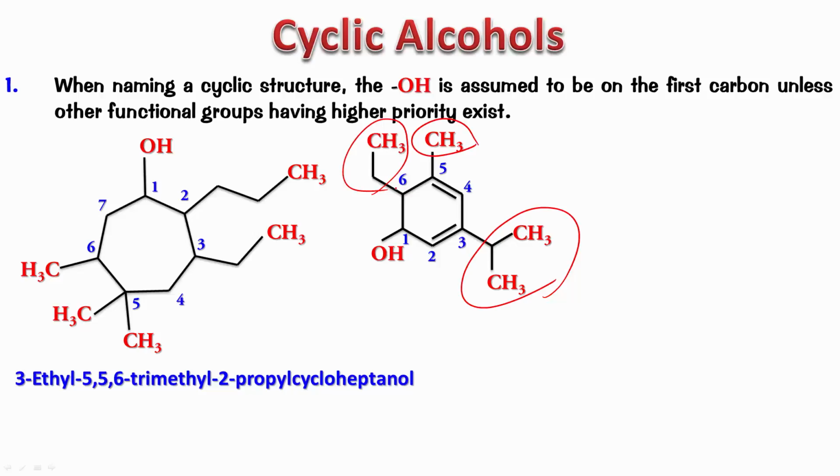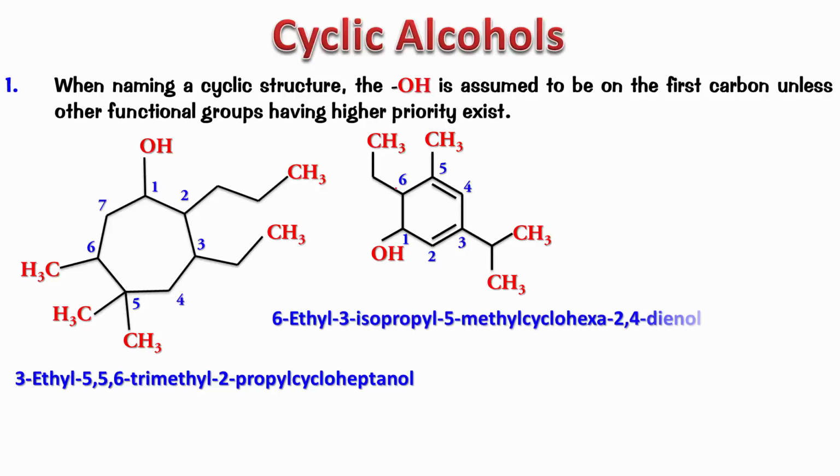So first we get ethyl, then we get isopropyl, then we get methyl. So it's going to be 6-ethyl, 3-isopropyl, 5-methyl, cyclohexa-2,4-dienol. We don't have to write 1-ol because it obviously is at position number 1.